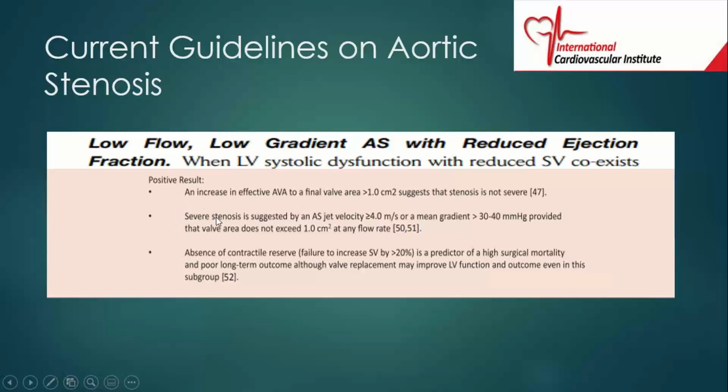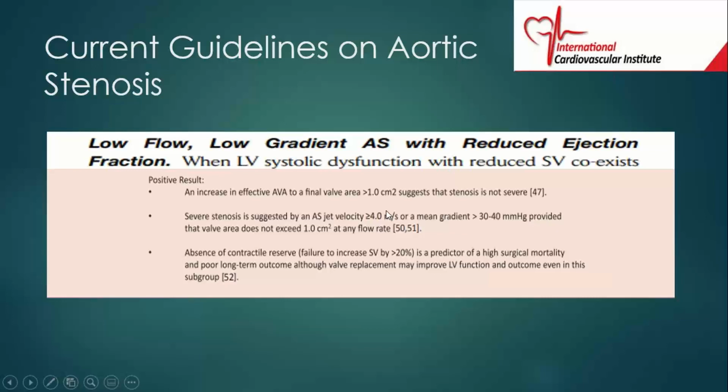Another positive result is if, when you give the dobutamine and you do your Doppler study, the velocity is now more than 4 meters per second, because you increase the contractility, you increase the flow across the valve, and now the velocity is what it should have been, greater than or equal to 4 meters per second. And the mean gradient is now greater than 30 to 40 millimeters mercury.